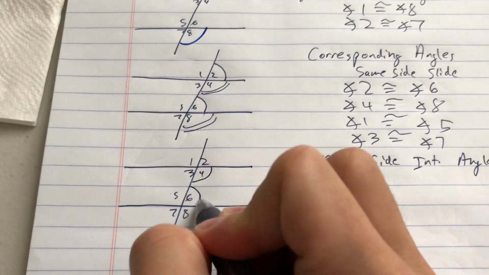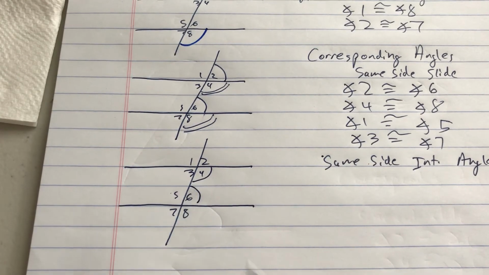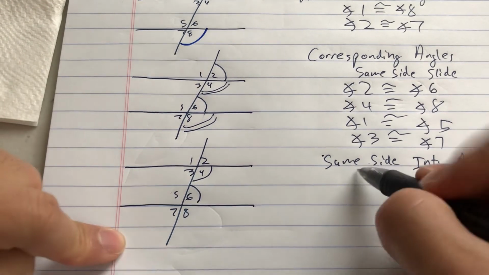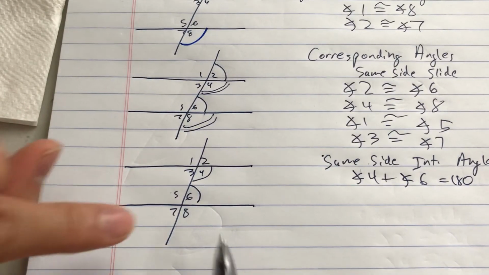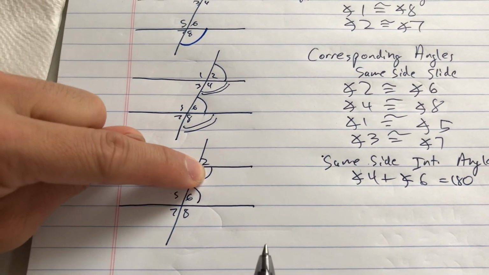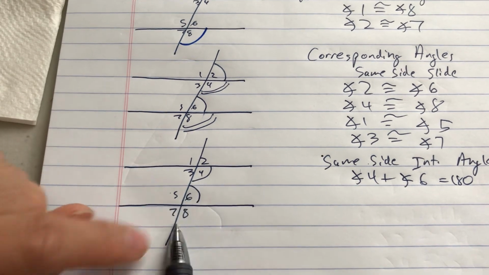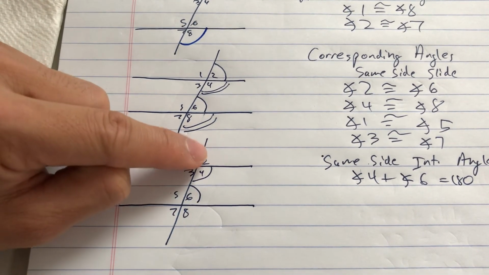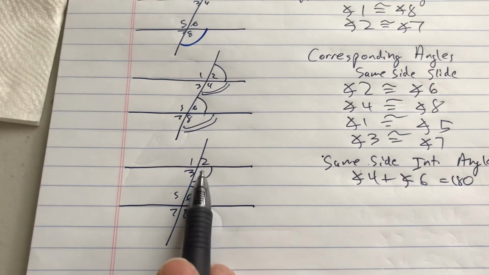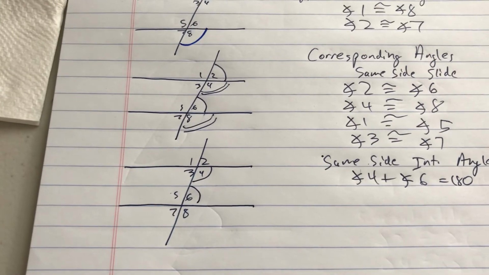The idea of why angle 4 plus angle 6 equals 180 is because 4 can correspond to angle 8, and 6 and 8 make a linear pair. Just like 6 can correspond to angle 2, and 2 and 4 make a linear pair. Therefore, 4 and 6 make 180 degrees, okay?